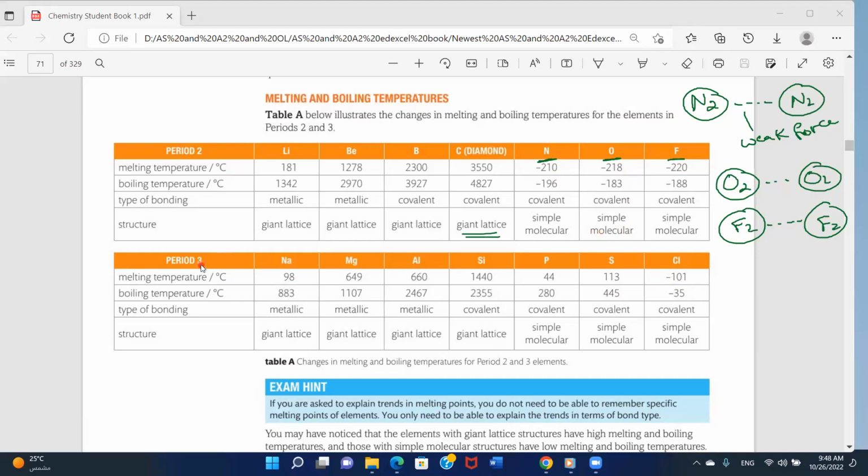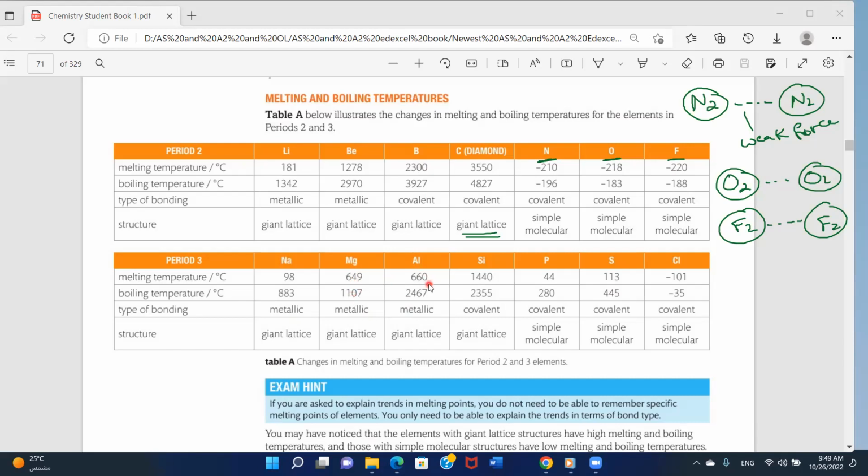The same will be found in period 3. We have sodium present in group 1 and magnesium present in group 2, but here also aluminium is a metal, but boron here was not a metal, but aluminium is a metal. And all these 3 metals have metallic bonding and they have giant lattices. As we said, in case of group 2, they leave 2 electrons and there will be an attraction force between a +2 lattice with more number of electrons.